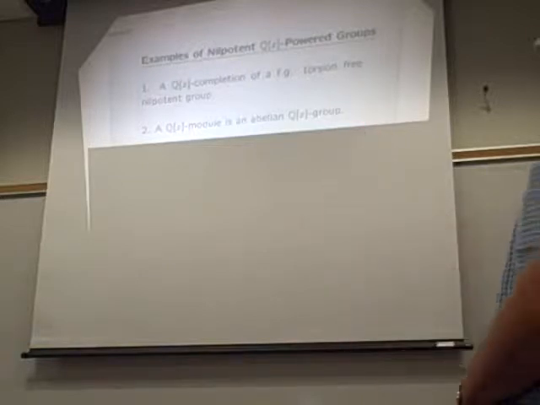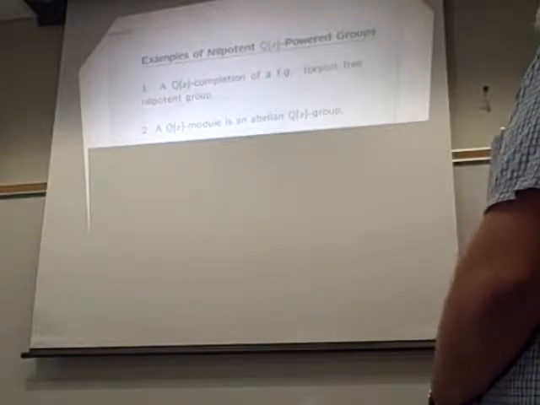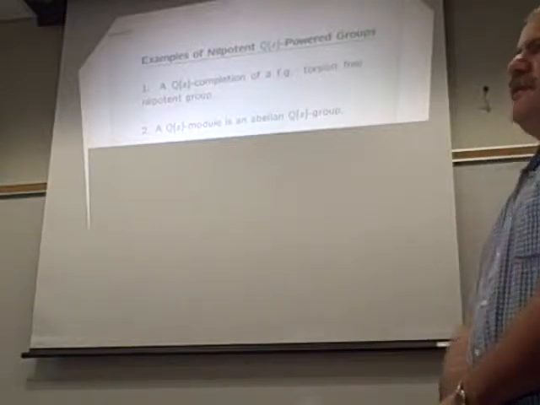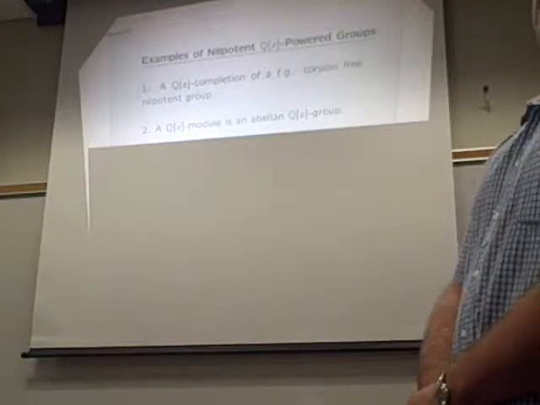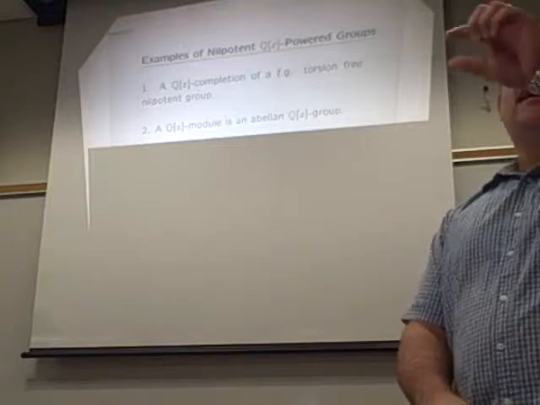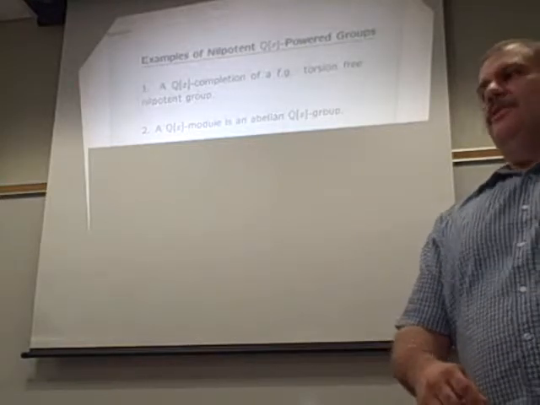Of course, you have to translate the module operations into these exponential laws that I'm talking about. For example, the one that you may think is a little weird is the fact that if you take, let's say, r times (x plus y) equals rx plus ry, that one would translate to saying that (xy) to the r power is x to the r times y to the r.